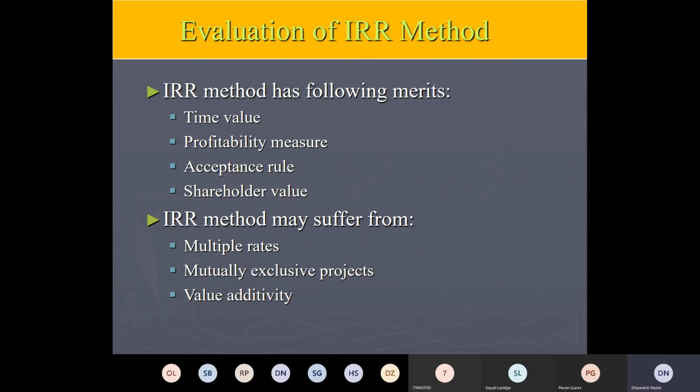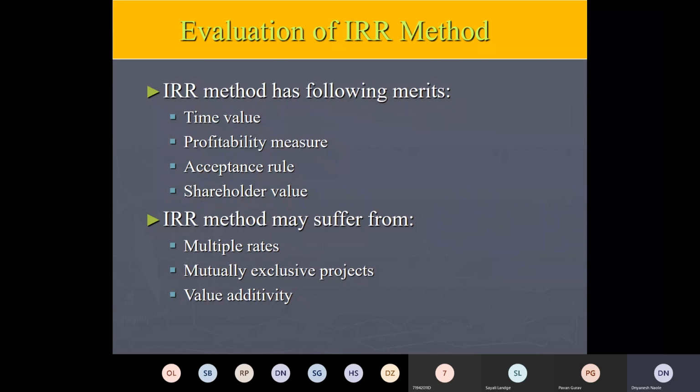IRRs of projects do not add. Thus, for projects A and B, IRR A plus IRR B need not be equal to IRR(A+B). In the book there is a small example discussed that you can go through.